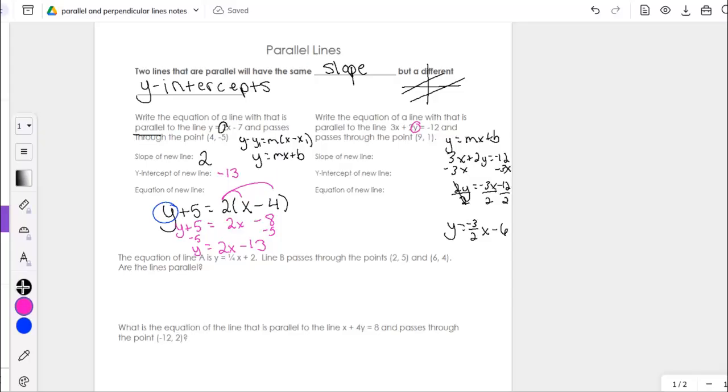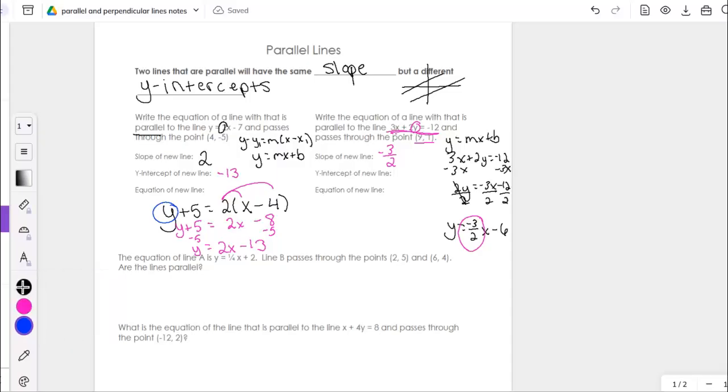That is my slope of this original line, and that's my y-intercept of the original line. So I'm going to make a new line that passes through (9, 1), but it has to have this exact same slope. So the slope of my new line will be negative 3/2.